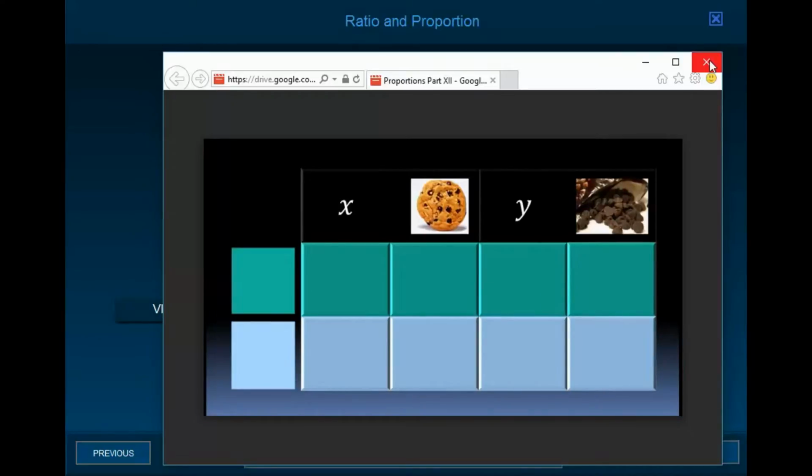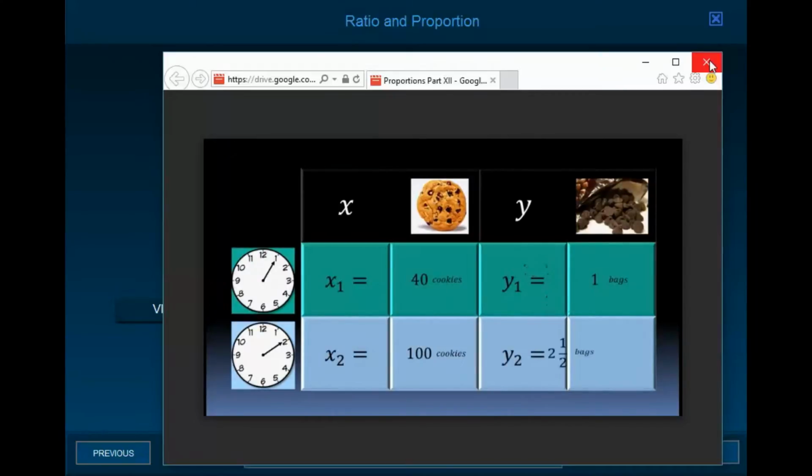So we can say this. If at a first point in time we have 40 cookies and it requires 1 bag of chocolate chips to make those 40 cookies, at a second point in time, if we wish to make 100 cookies, we need 2.5 bags of chocolate chips in order to do that.